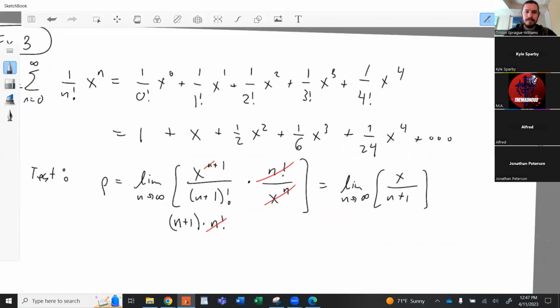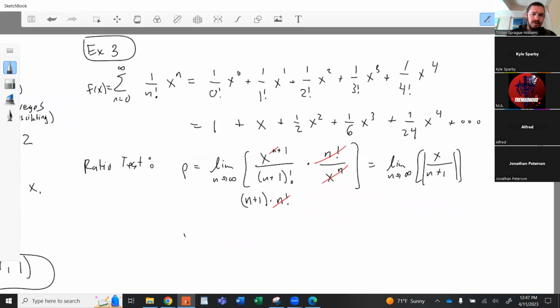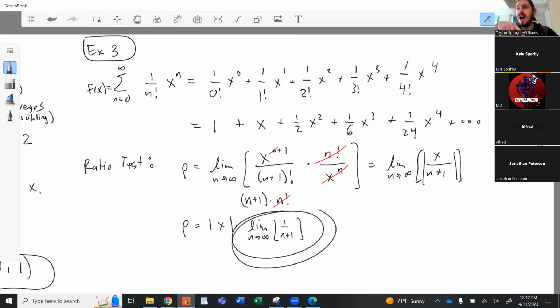So the absolute value of x comes out. We have rho equals the absolute value of x times the limit as n approaches infinity of 1 over n plus 1. There's n plus 1 in the denominator, but the numerator is just 1.